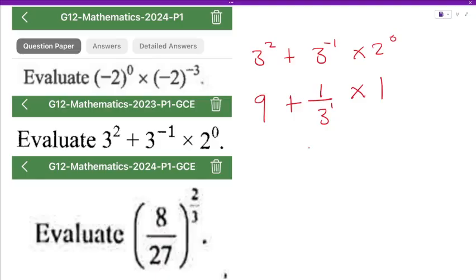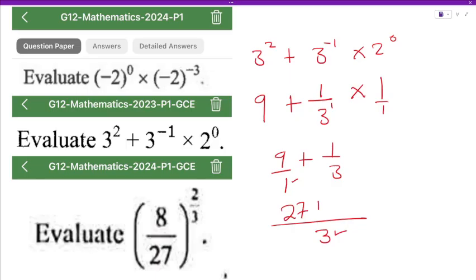Okay, so at this point, according to BODMAS, we multiply first. So meaning the answer is just going to be 1 over 3, because we can say over 1. So 1 times 1 is a 1. 3 times 1 is this 3 here. Okay, once we get here, we can now say, let me write the 9 as 9 over 1, and then we come up with a common denominator, which is a 3. We're now going to say 3 divided by 1 there is a 3. 3 times 9, that is 27.